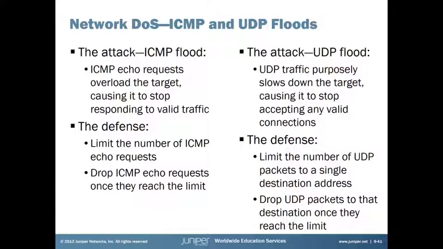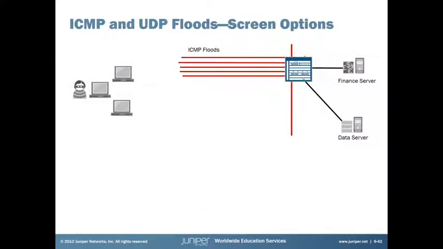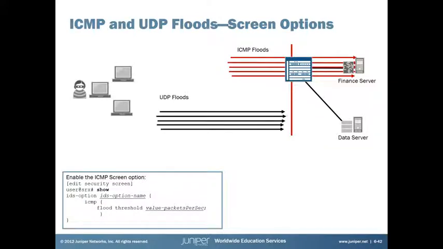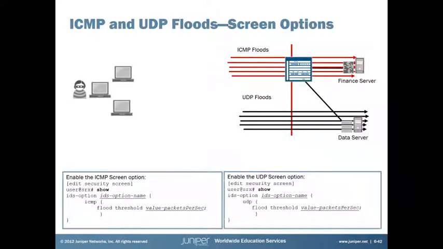You just set a threshold. So what's normal and what is a hacking event? Here we go. This is our ICMP threshold set up there, and we'll do exactly the same for our UDP. Set up the threshold.